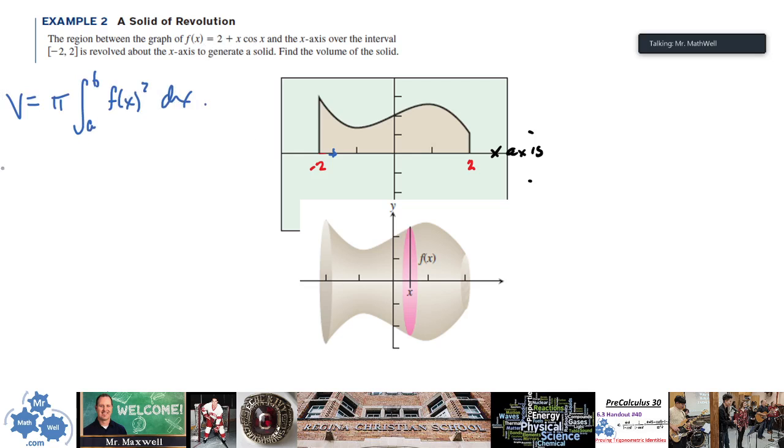So here's now where we take this formula, and I'm going to fill in the values. So -2 goes down here, +2 up there. The function is 2 plus x cos x, 2 plus x cos x. And that's going to be squared dx.